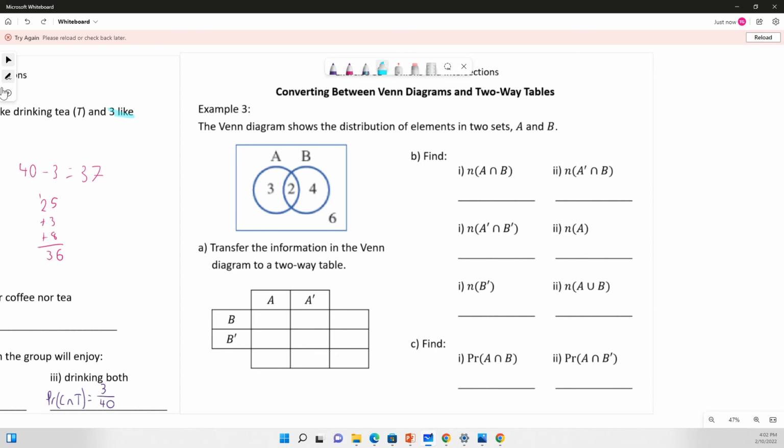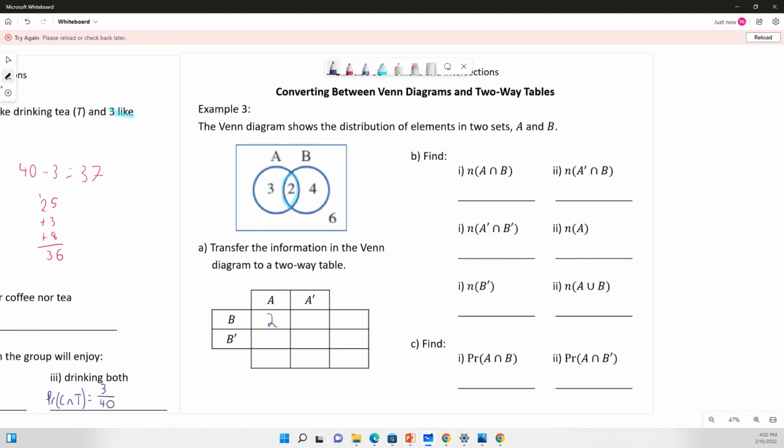So the easiest way to start here, I think, is with the intersection. So the intersection of A and B is 2. So there's 2 elements there in both.